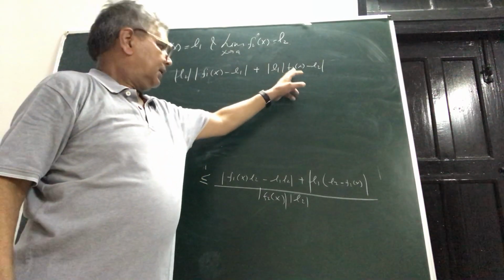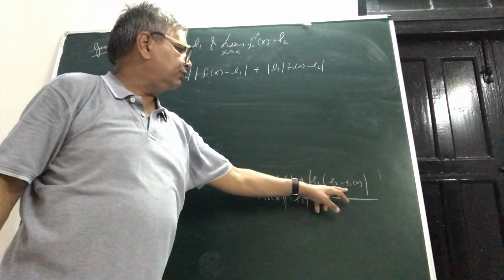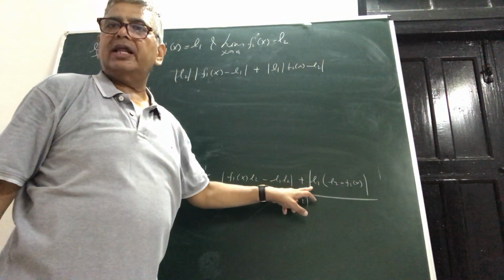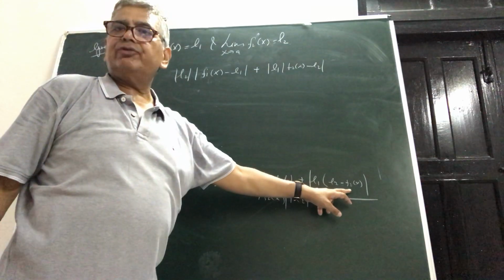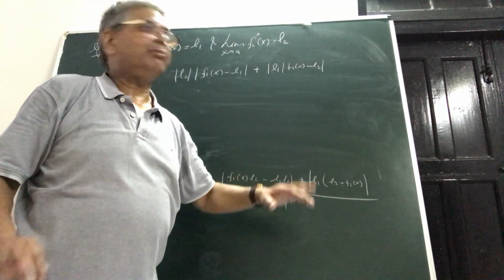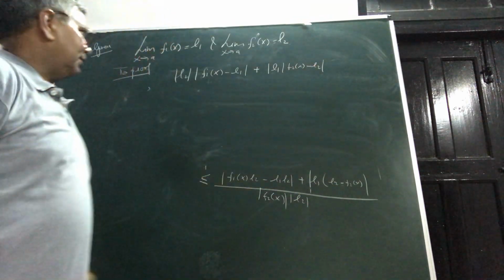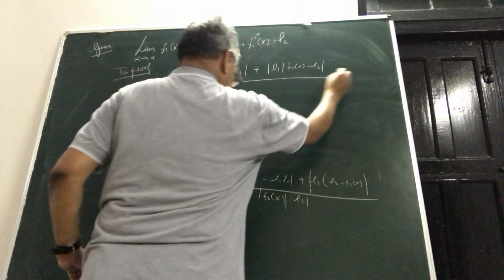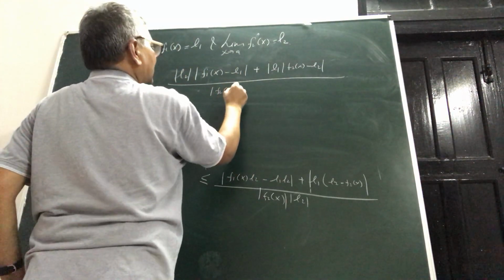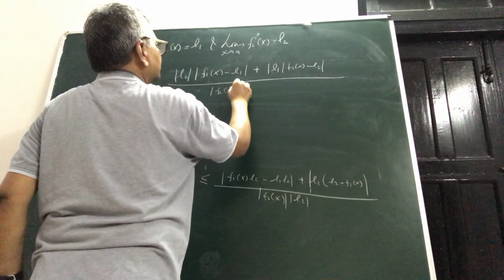So here this is a product of two functions. So mod z1 z2 will be mod L1 into mod L2 minus f2x, and mod L2 minus f2x I will better write as f2x minus L2, whole upon mod of f2x and mod of L2.